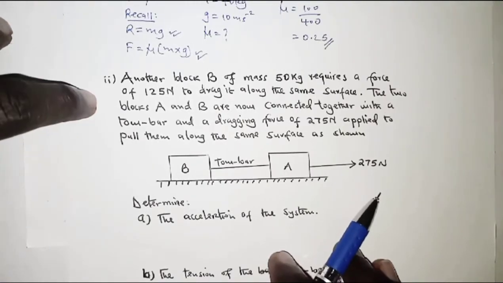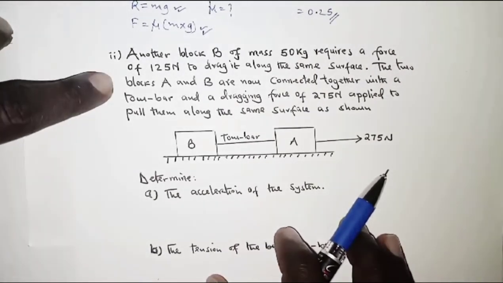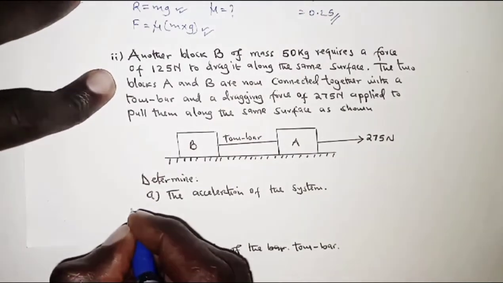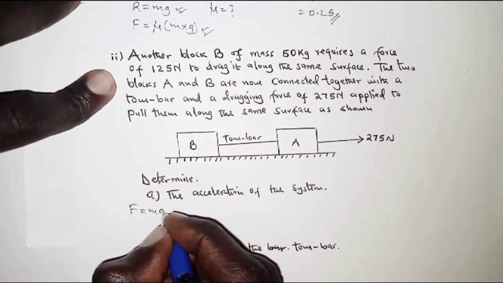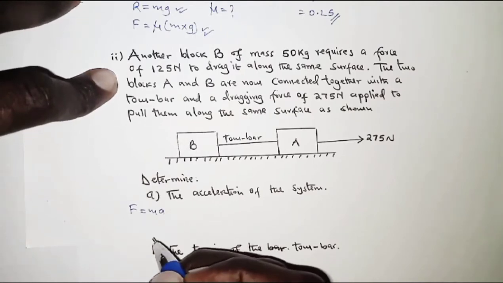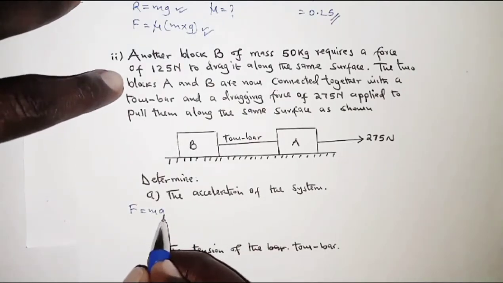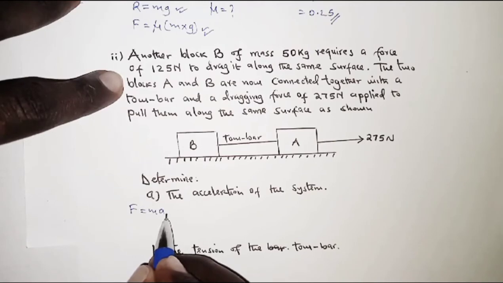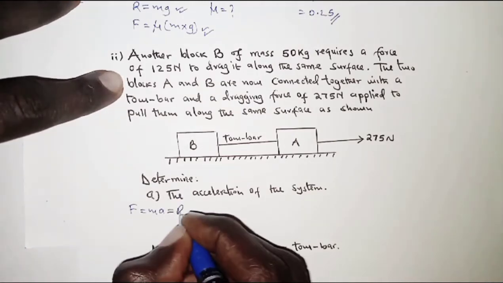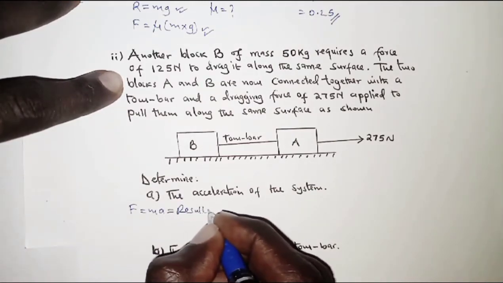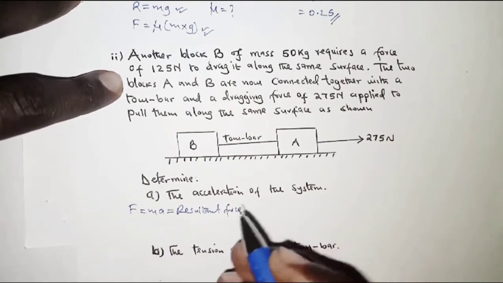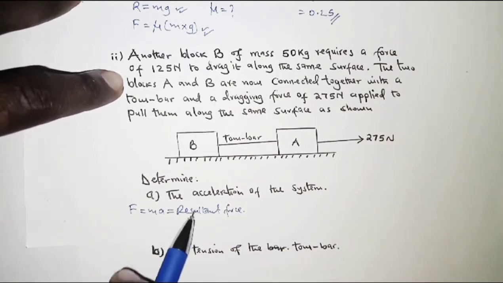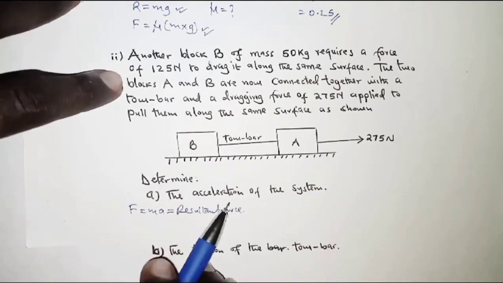In order to get the acceleration of the system, we need to note that force is equal to ma, mass times acceleration. According to Newton's second law of motion, force is equal to mass times acceleration, and this is the resultant force. So this is the force that keeps the system in motion.